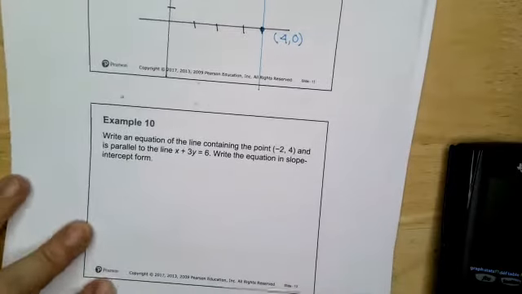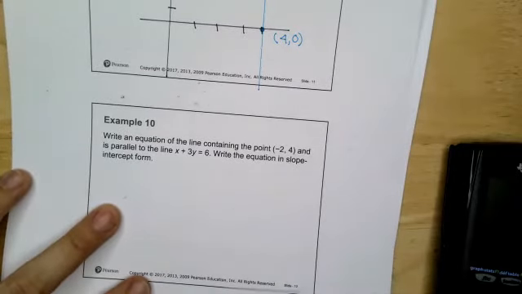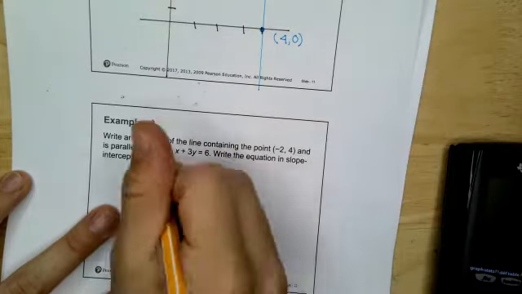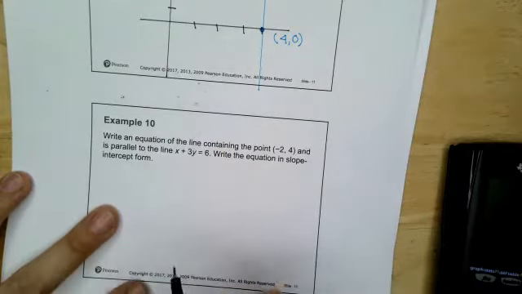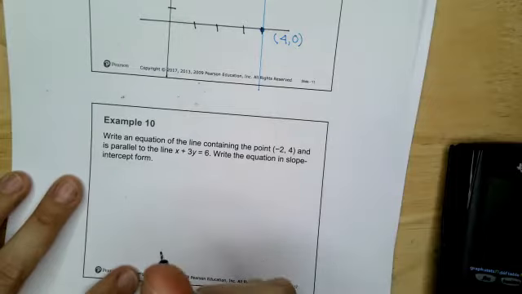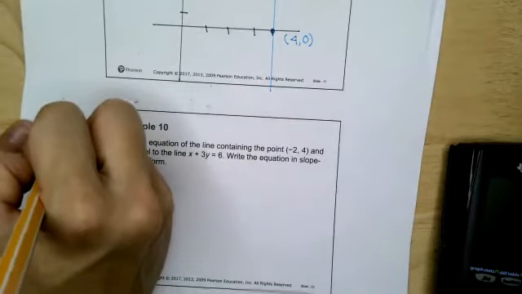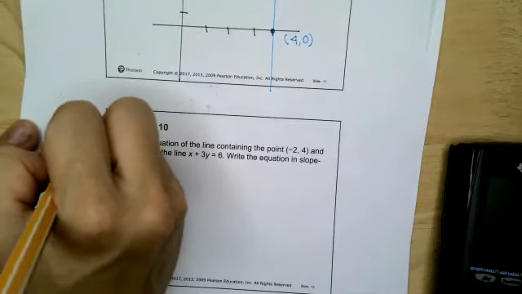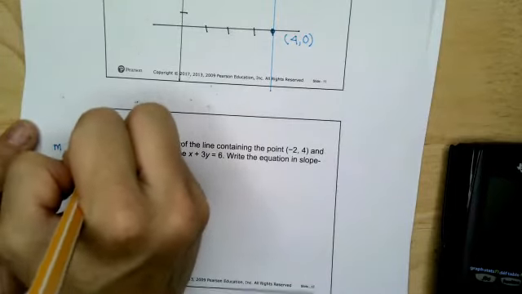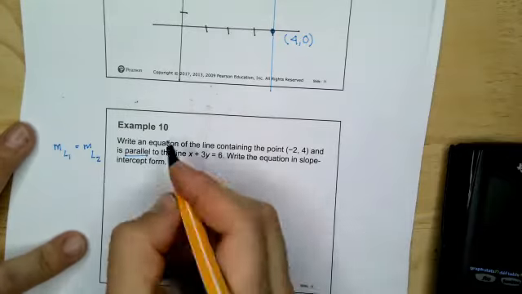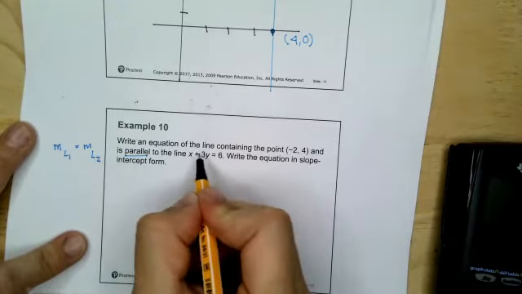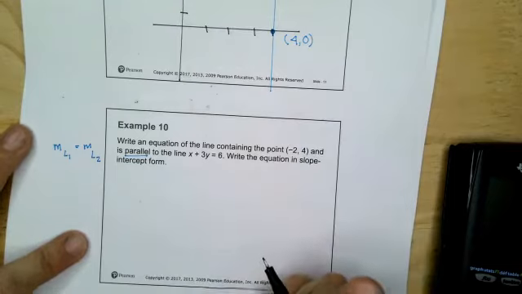Write an equation of the line containing the point -2, 4, and it's parallel to the line x plus 3y equals 6 in slope-intercept form. So parallel means that the slope of the first line is the same number as the slope of the second line. So it's parallel to whatever slope this is, and it has the point -2, 4.